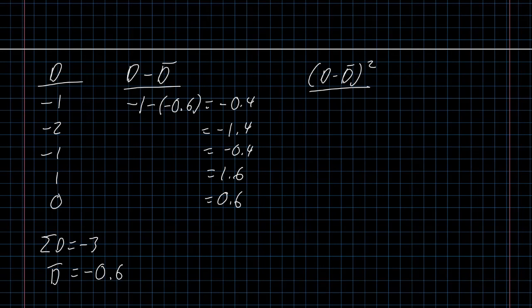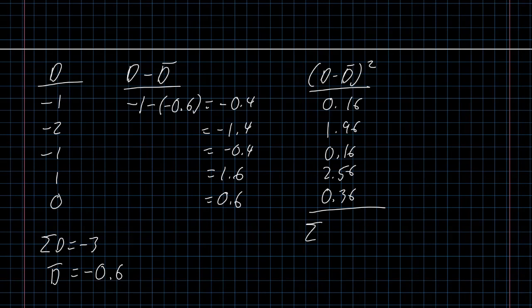We can square all of those things. 0.4 squared is 0.16. 1.4 squared is 1.96. 1.6 squared is 2.56, and 0.6 squared is 0.36. Add all of those together, and you get 5.2.